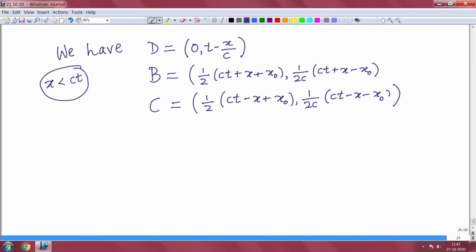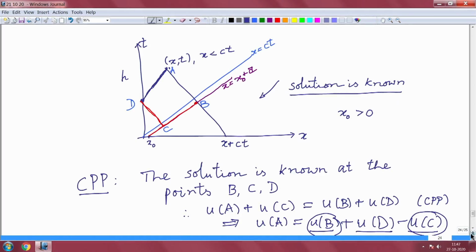We want both B and C in the first quadrant of the region, so the x and t coordinates are positive.